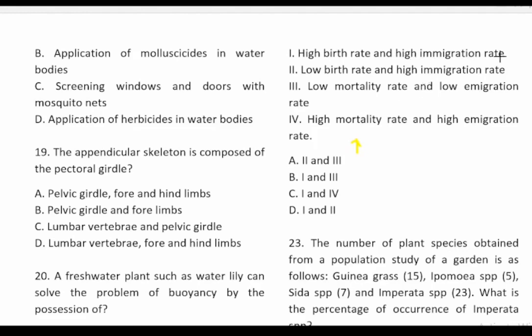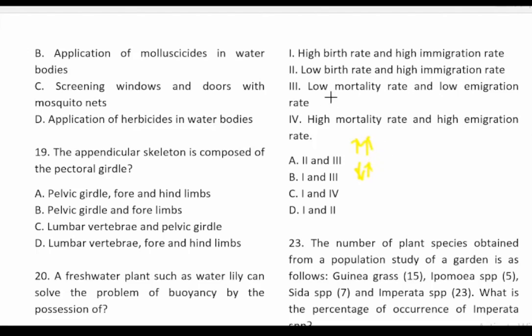And then high immigration means people are coming into that community, so it will also increase population. That is the possibility of one. Two there says low birth rate. Low birth rate is going to reduce population. And then high immigration, so this is the possibility of what we have for the second one.